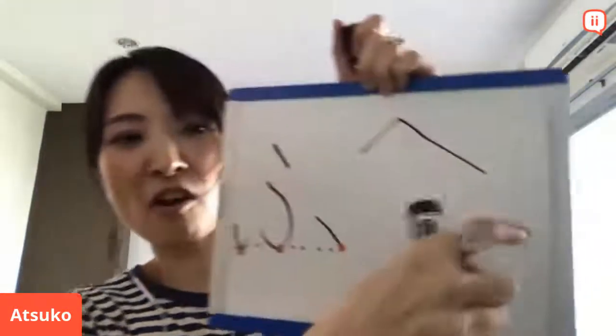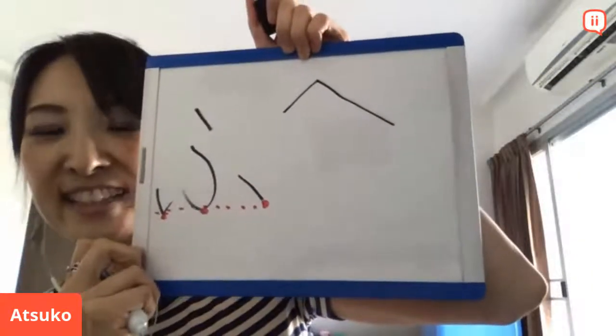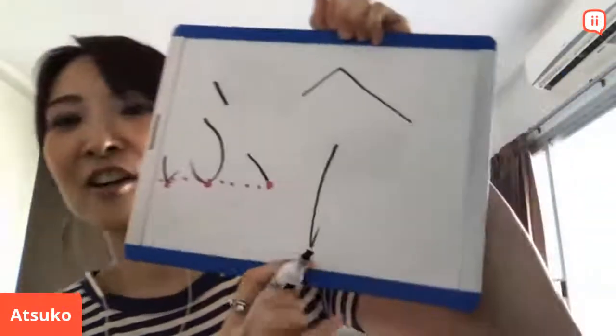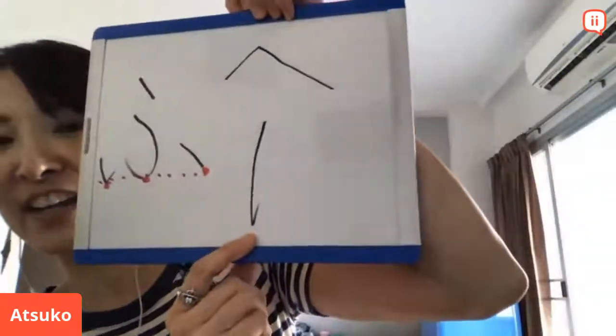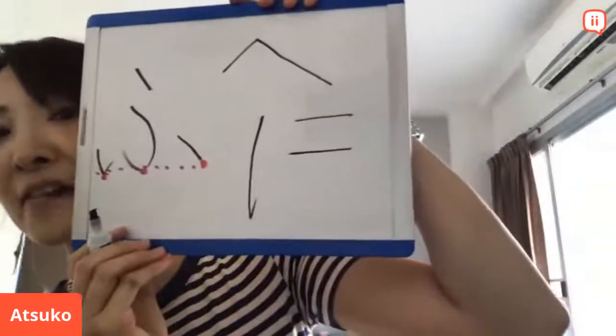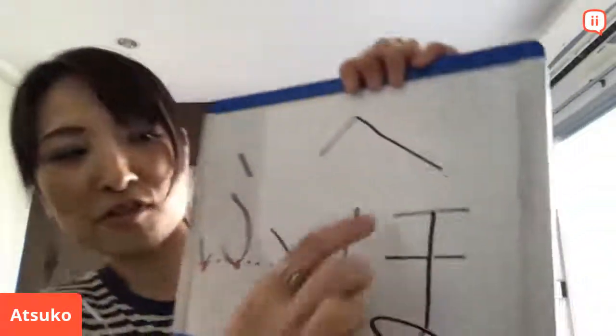Okay, next one. He is very easy. Go up and down. Short, long, easy. And ho. The first stroke is the same as ha, ke, or ni. Second and third strokes are parallel. And the last stroke: don't cross here.